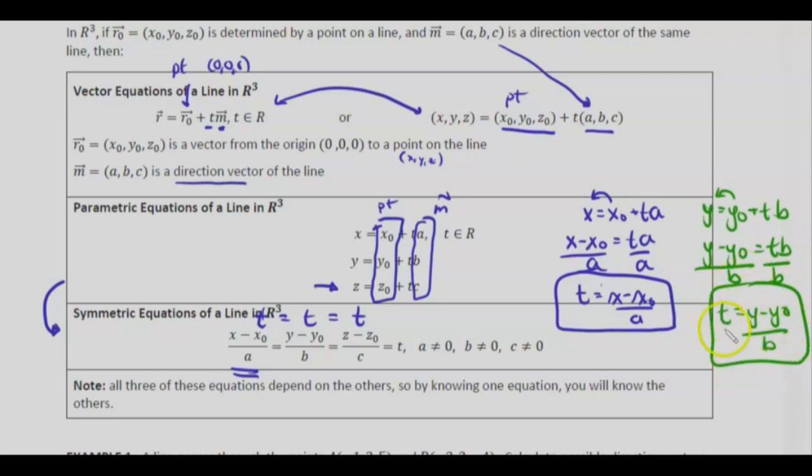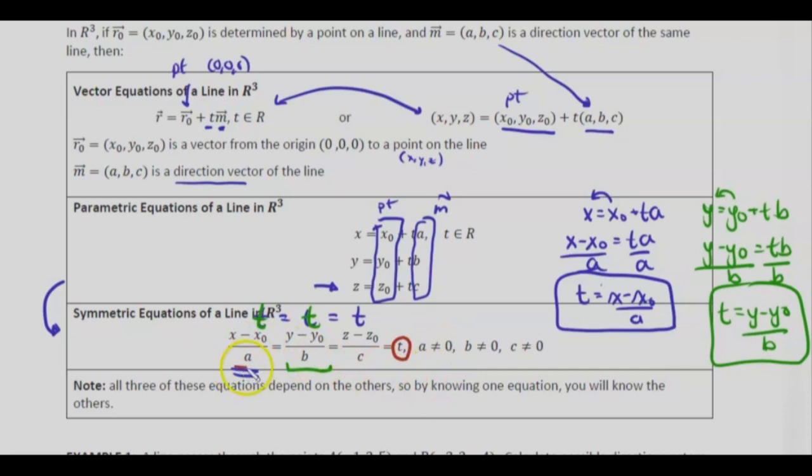This t value is going to be the next t. So t equals t, and now we have y minus y naught over b as our second value. Likewise, I'm not going to do this one, but you can do it with the z, and it's going to be z minus z naught over c. All of these equal t. All of these are equivalent.